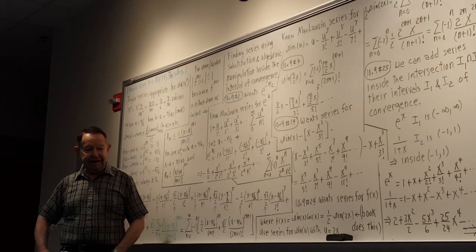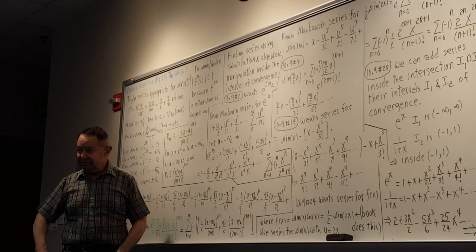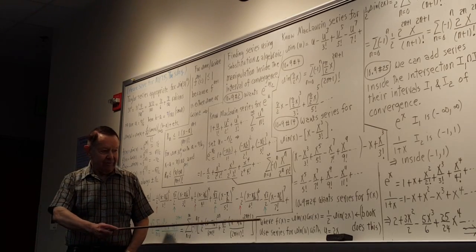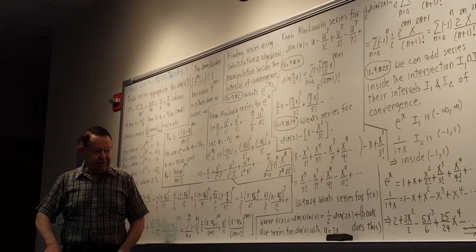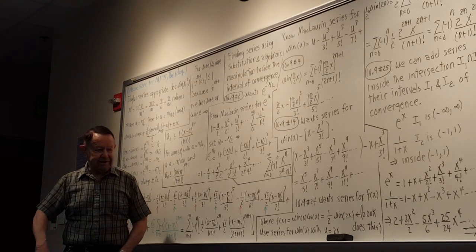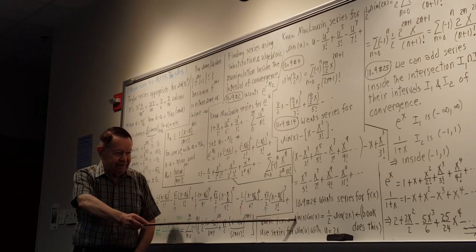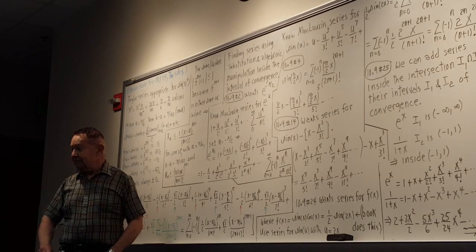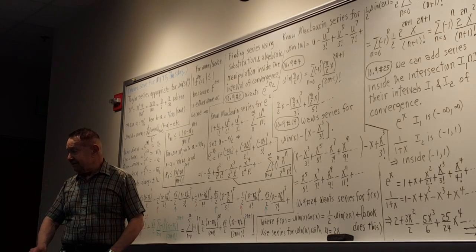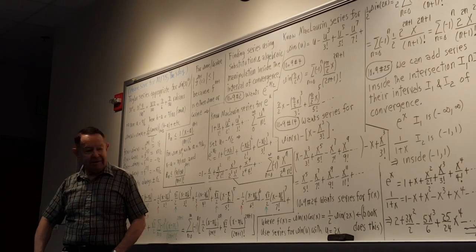And what you'll get is the first few terms of the series that they want. The other way you can do it in this example is a trig identity. 2 sine cosine is sine of 2x.